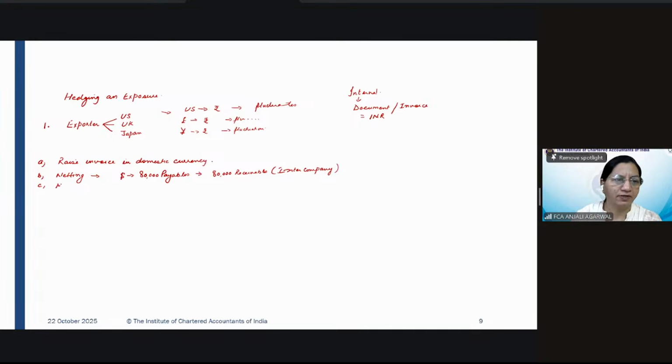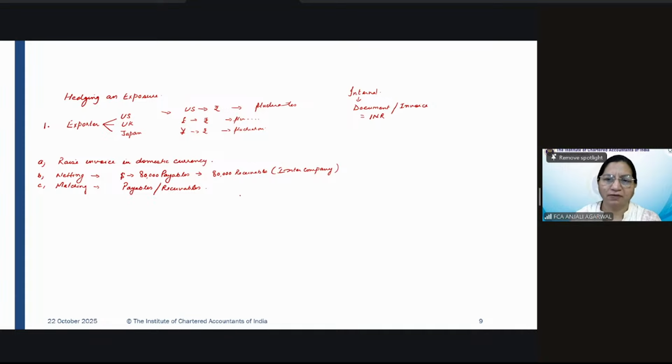Similarly, there is a concept where you can do matching. In the sense, if I have $80,000 payables and from other companies or from overall the environment in which I am operating, if I can match exactly 80,000 receivables, that would help me to reduce my exposure to nil. So if I can exactly match my payables against receivables, I'm not worried about the foreign currency fluctuation.